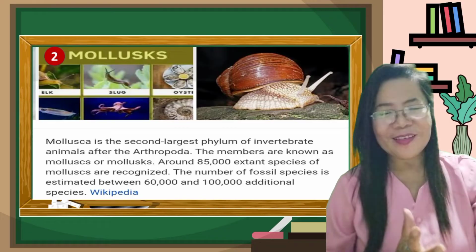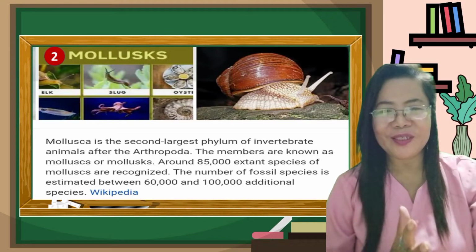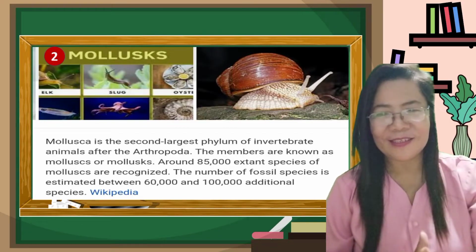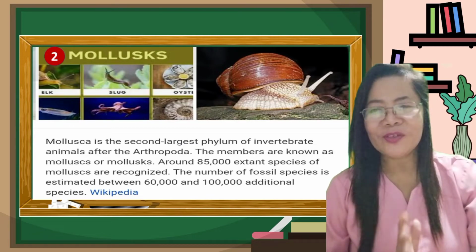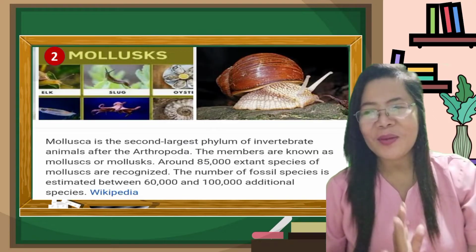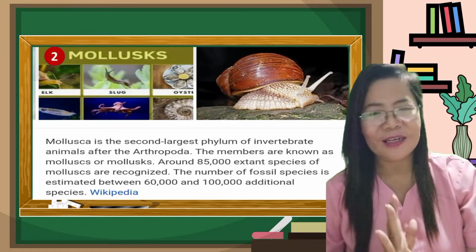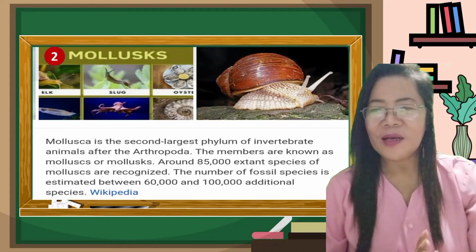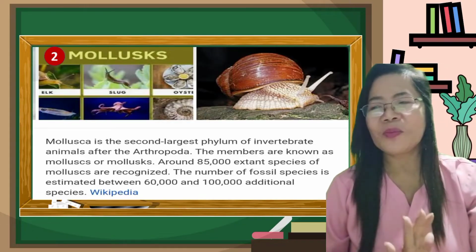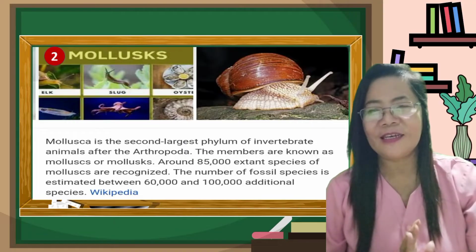Next, let us discuss the second group of invertebrates, the mollusks. Mollusk is the second largest phylum of invertebrate animals after Arthropoda or arthropods. The members are known as mollusks or molluscs.